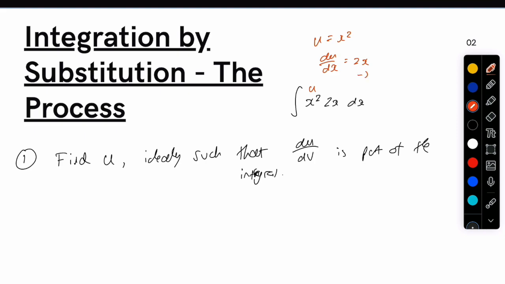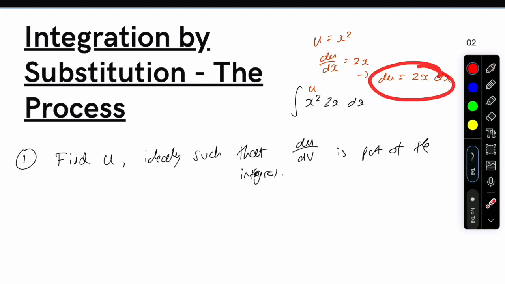So therefore du is equal to 2x dx. So as you can see, that slots in there. So we just got u du as the integral, right? That's just an example here. So that's what I mean by this. It just makes everything a lot easier.